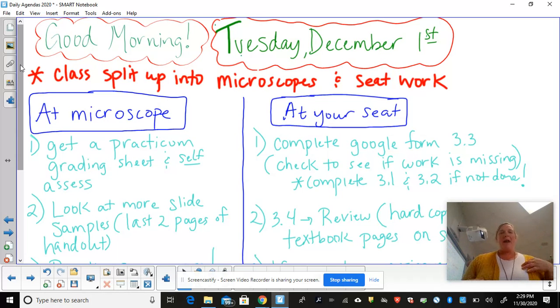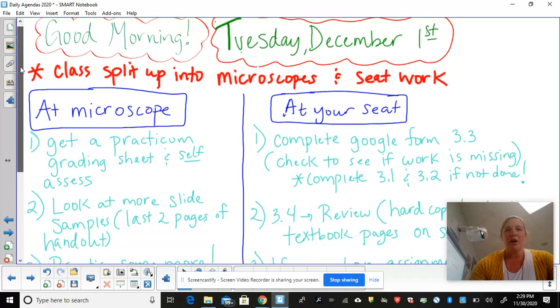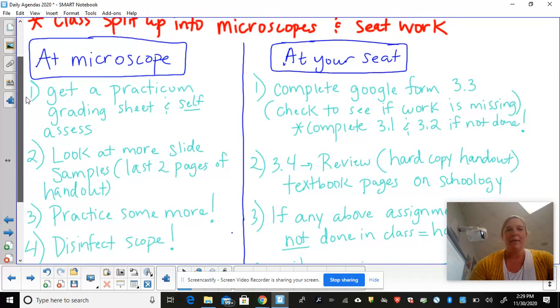So half of you, or about half of you, will go to a microscope. The other half of you will stay at your seat. So you'll be at each of those places for approximately 30 minutes. Just depends on each class and things like that. So Miss Stanley will take care of that and she'll decide who goes to microscopes and who stays at their seat. So if you are at the microscope, or when you do go to the microscope, let's talk about that.